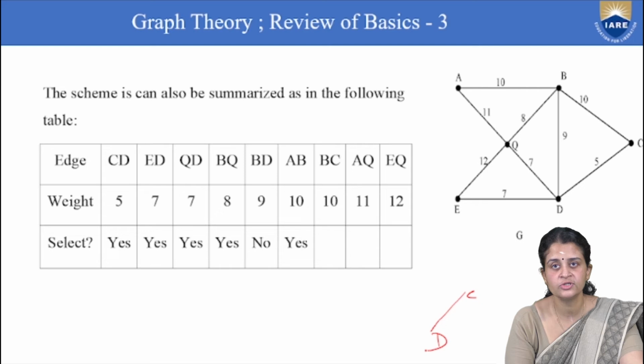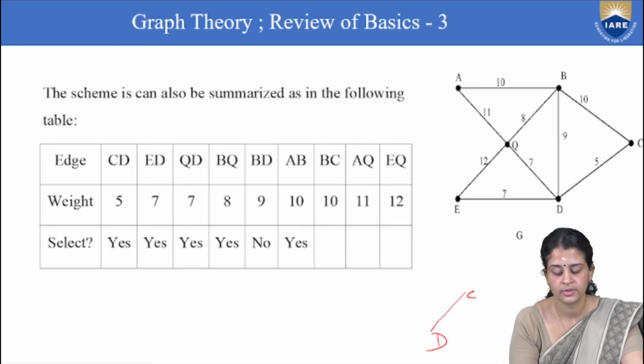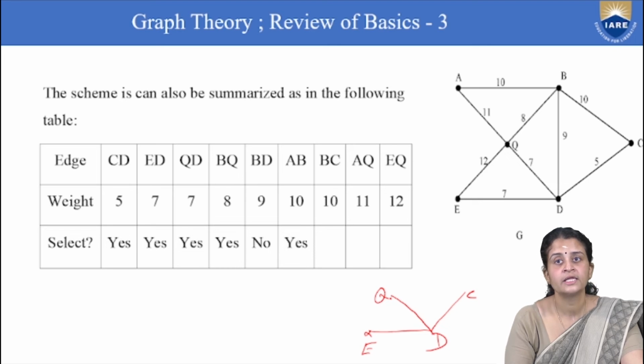Then whether it is possible to put that ED. Yes, it is also possible. So I am putting that ED here. Then that QD is also possible. So QD. Then is it possible to put that BQ? Yes, that is also possible. So I am putting that BQ.